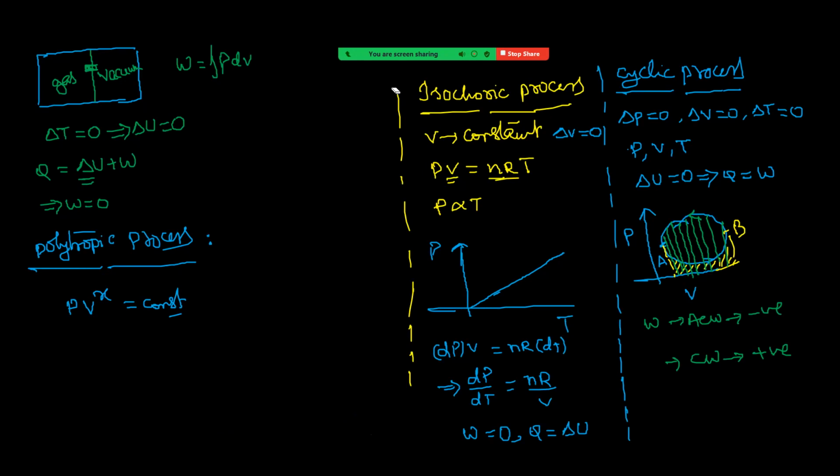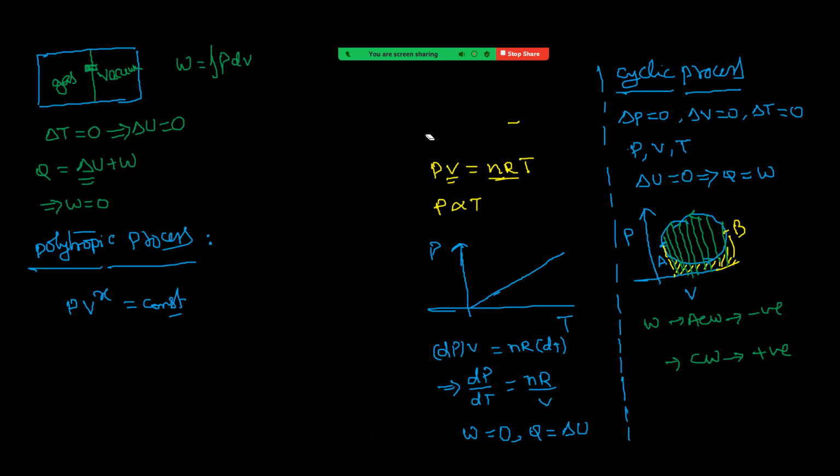That means it refers to the isothermal process, x equal to 1. If you take x equal to gamma, so PV power gamma equal to constant, right? That represents the adiabatic process.